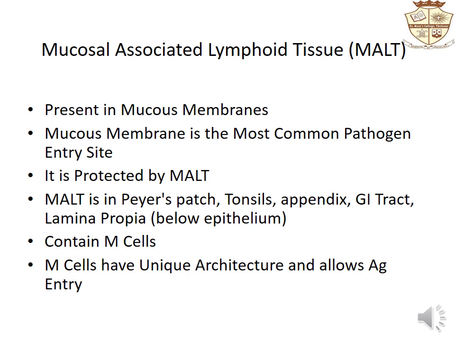These cells have the ability to take up antigens from the small intestine via different mechanisms such as endocytosis, phagocytosis or transcytosis. Then the antigens will be given to antigen presenting cells so that an immune reaction will be elicited.